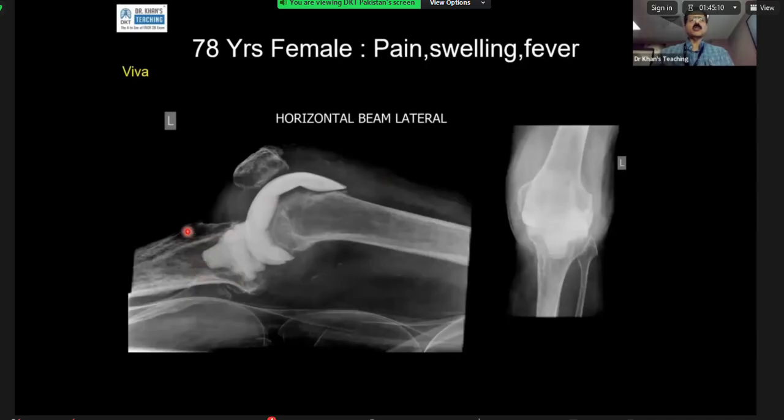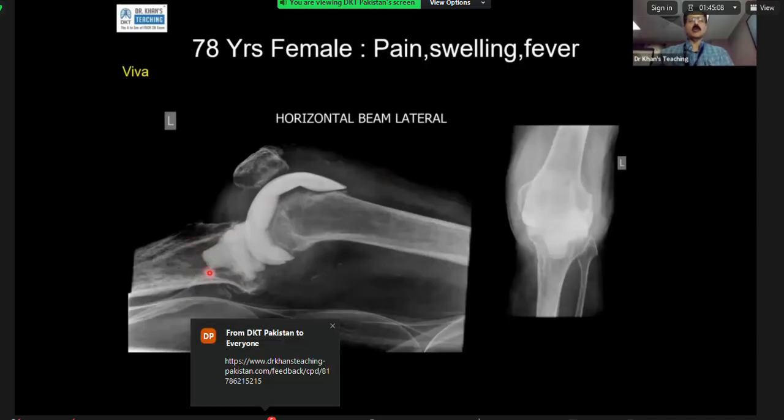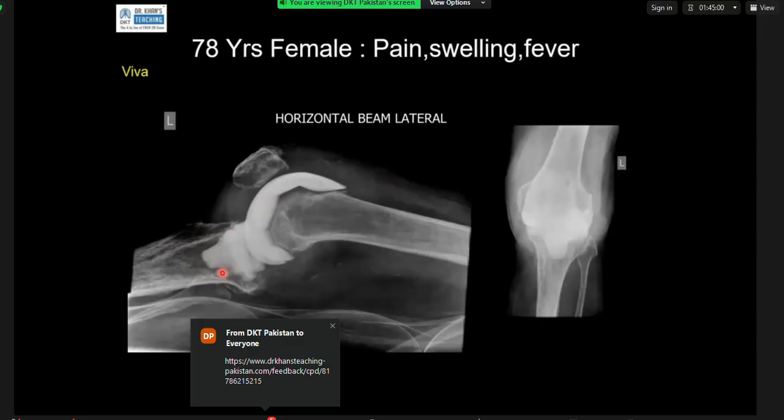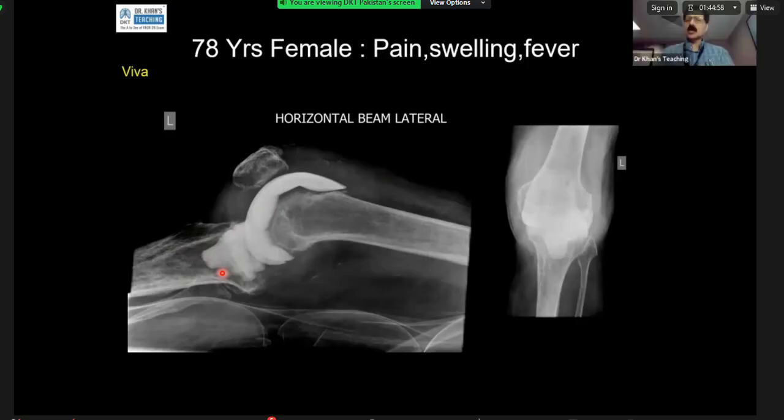So don't worry. This is all a bit of osteopenia, etc. Don't worry about the tibia. Okay. So other than that, I can see lytic areas involving the patella. Sorry, say again. Which part? Patella. Okay. So this is also osteopenia. Don't worry about this. What else?